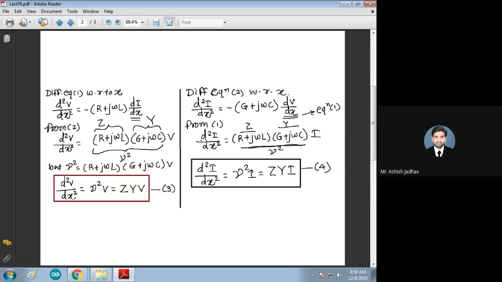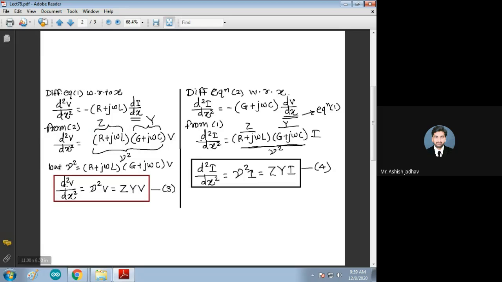From equation 2, what can you write? From equation 2, d square v by dx square is equal to, the di by dx value is already known, and it is minus g plus j omega c, right? So if you put the value of this, finally what you will get is z into y into v, right?